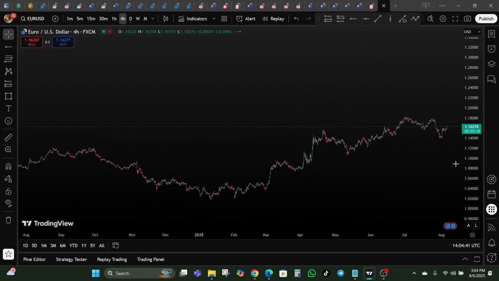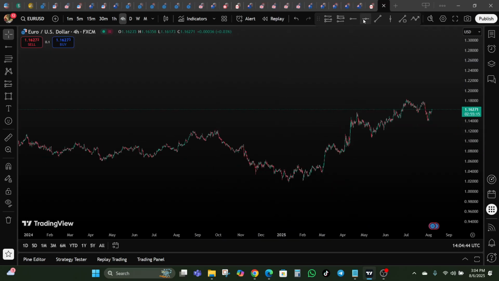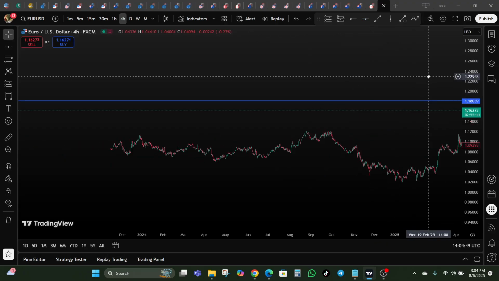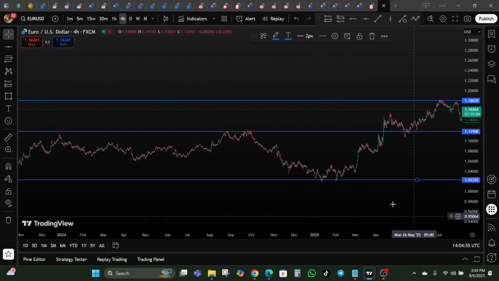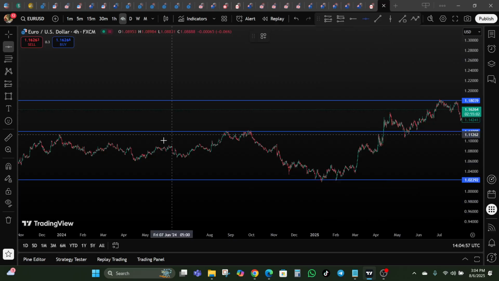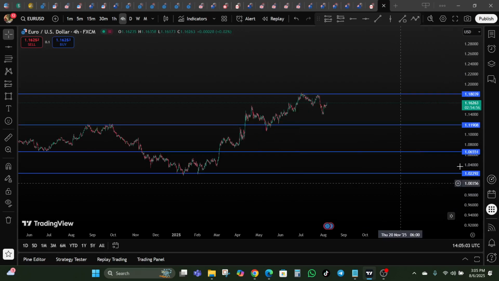Okay, on a higher time frame, you can decide to mark out key levels of support and resistance. Areas where you had at least two touches and rejection, right? When you mark out areas of support and resistance on the higher time frame, this could be one of the strategies that you can use.